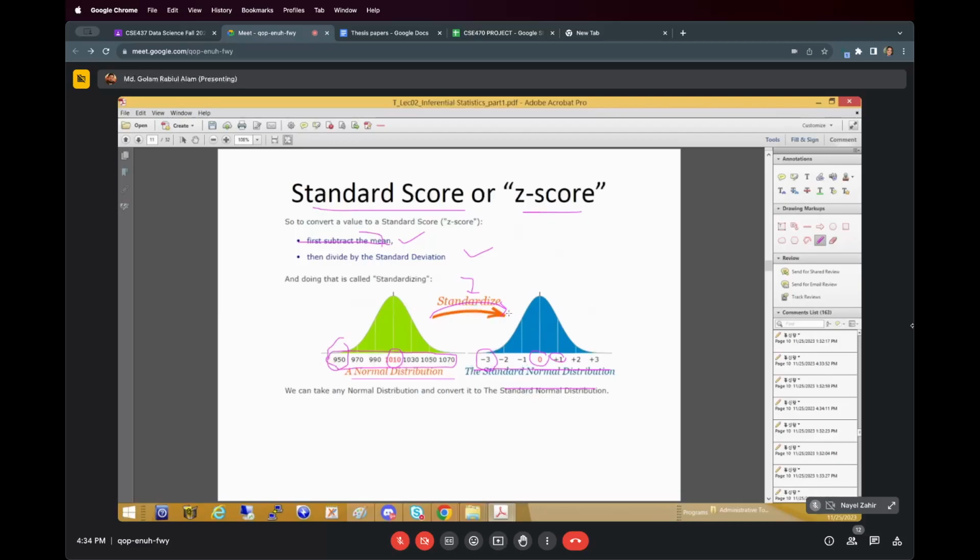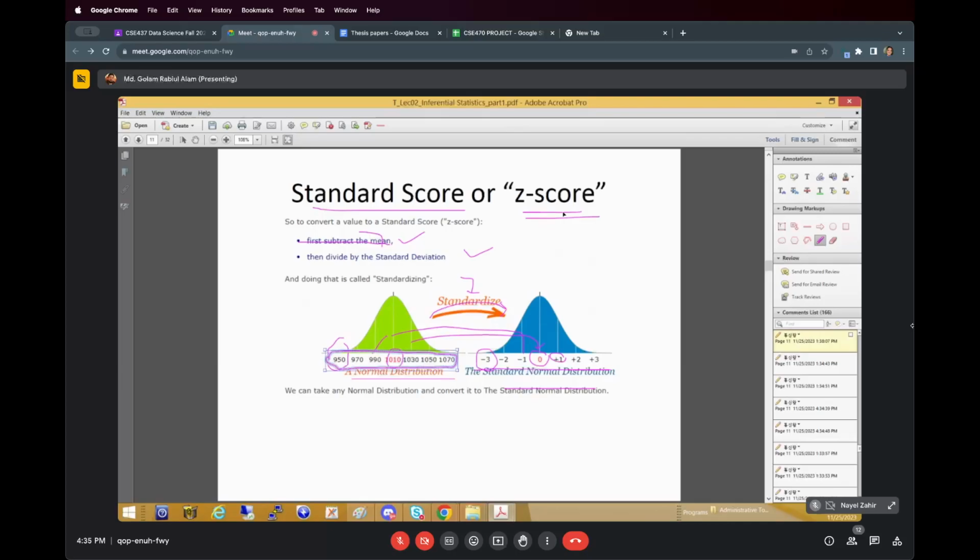That means each and every value, like here 1010, is converted to 0, and 990 is converted to -1, and so on. We can get those using the Z score.